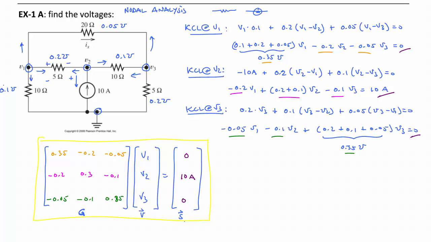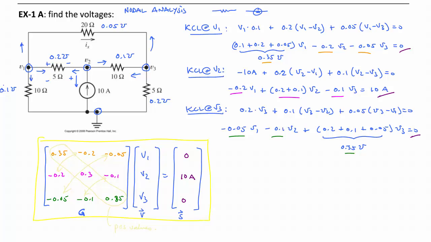And I'll just point out, in this case, notice that if you look down the diagonal here, look at what you see. All of these are positive. And if you look across that diagonal, you'll see that these are symmetric.